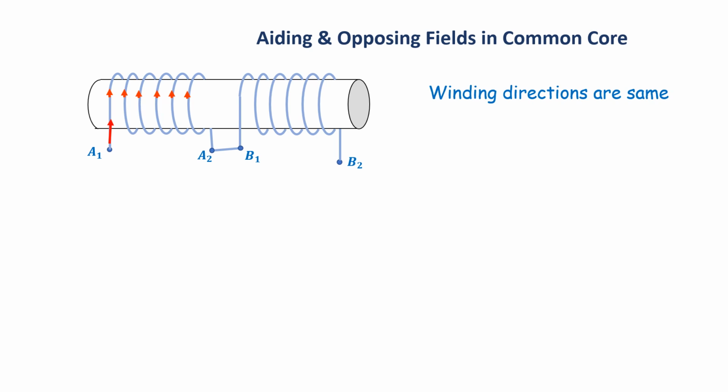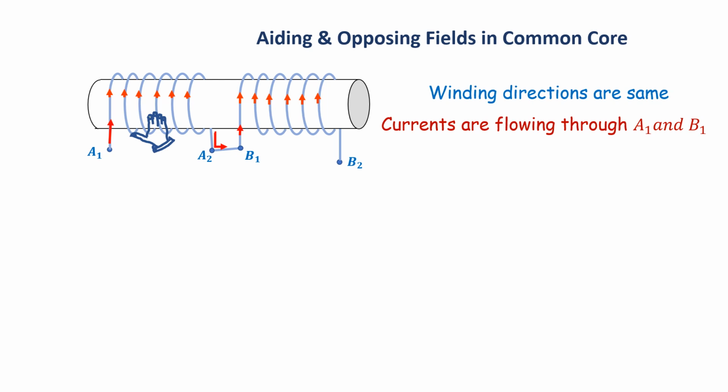It will flow through all the turns and continue. It will enter through the starting point of B1 and flows through all the turns. So observe the currents flowing from the starting points of both the coils. They are flowing through A1 and B1.